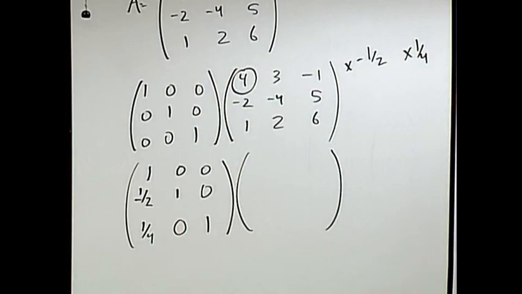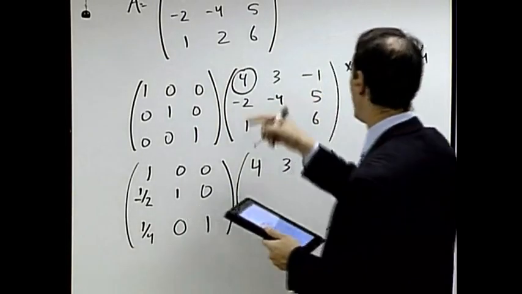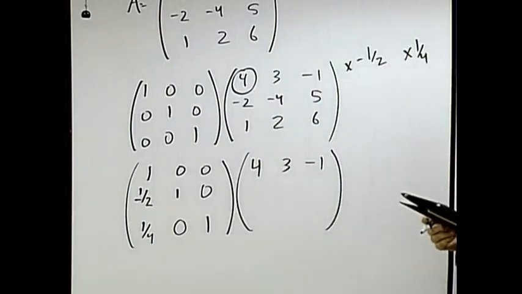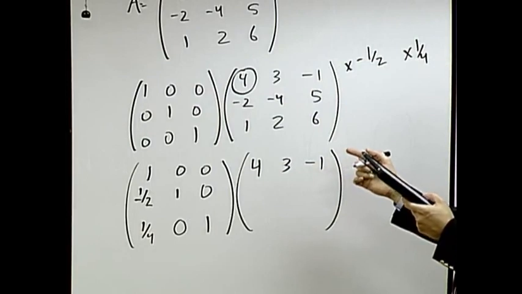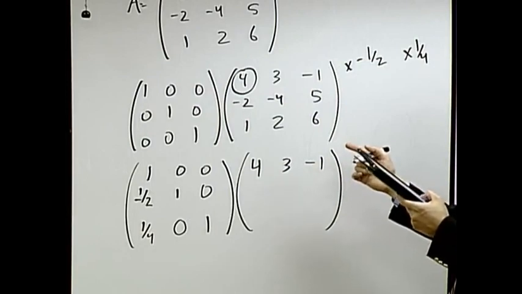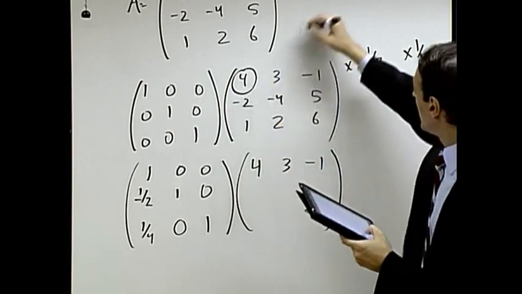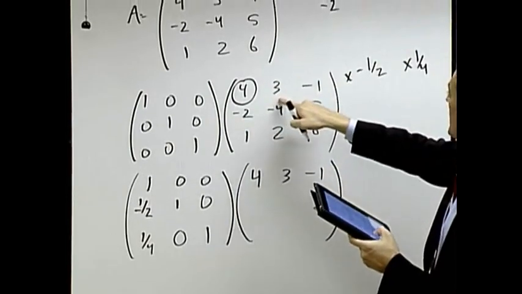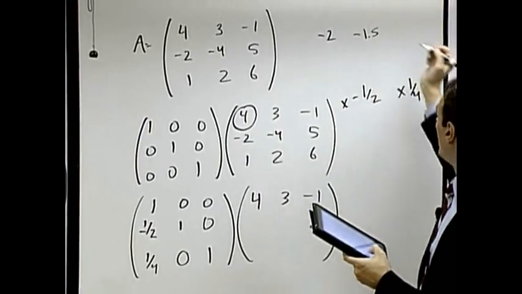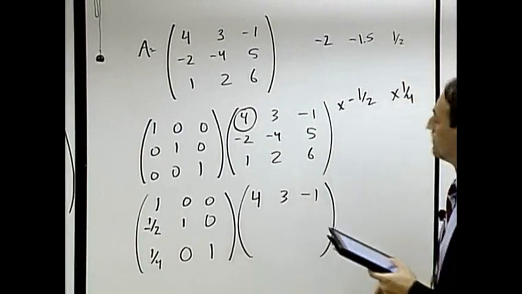Okay? Now what's left over? Well, we still get the same equation: 4, 3, negative 1 at the top. Now what I've done is multiply by negative a half. If I multiply this row by negative a half, it will give me negative 2, right? And then negative 1.5, and then 1/2.